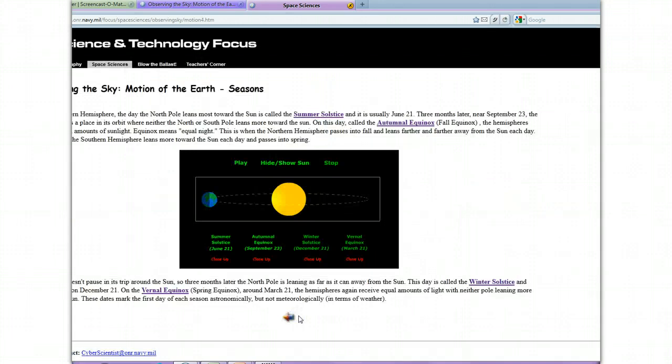We also talked about the summer solstice and the autumnal or fall equinox. And remember that because of this tilt, it causes different amounts of light to be hitting the Earth.